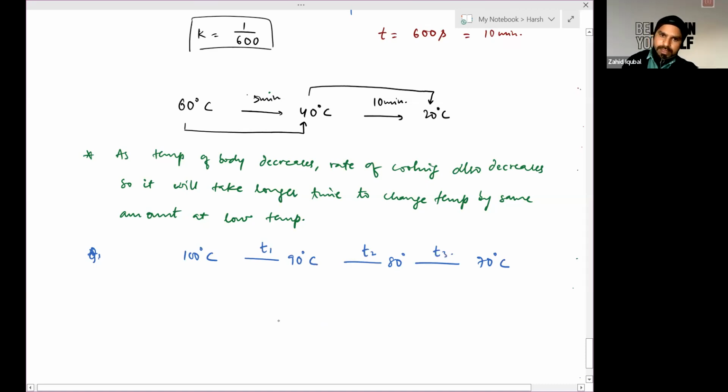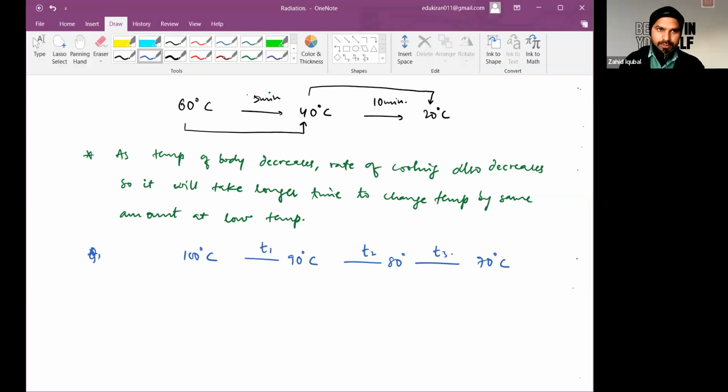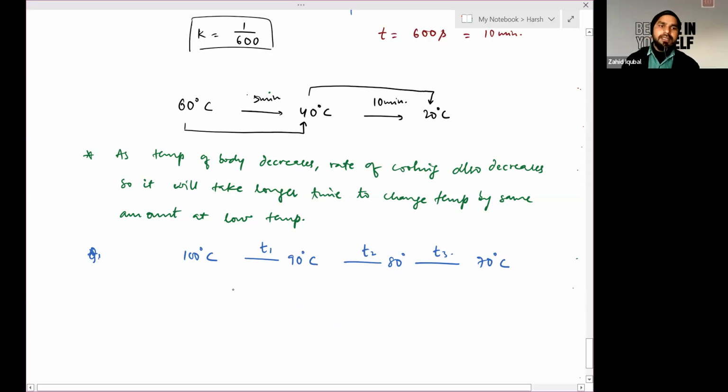How will T1, T2, and T3 be related to one another? Just see, we have the same temperature difference, 10, in all the different parts.